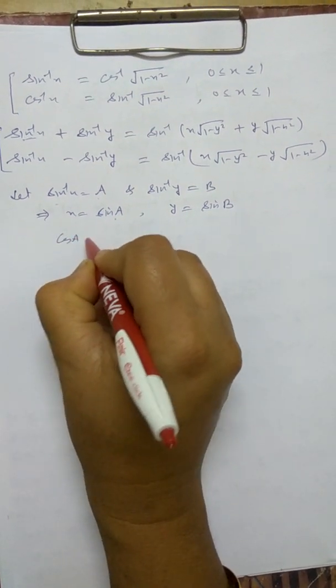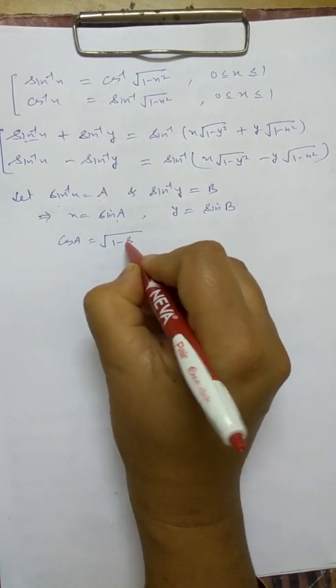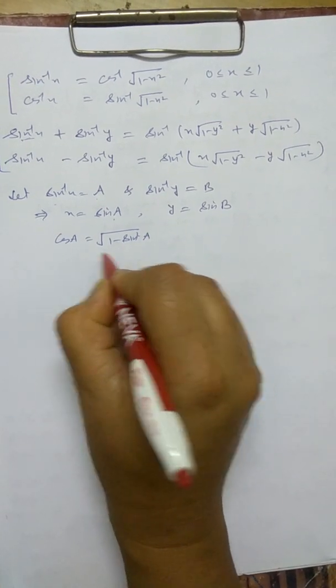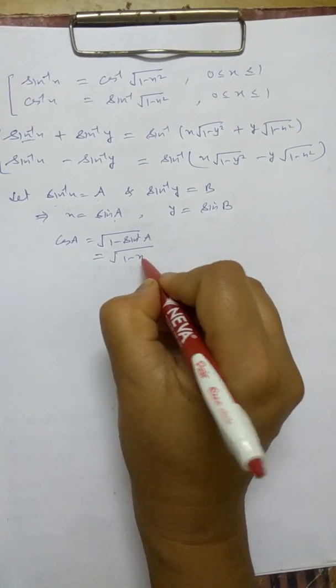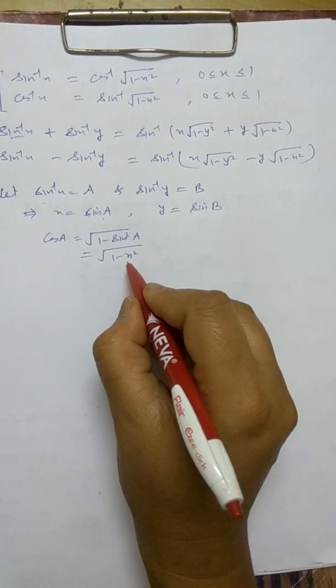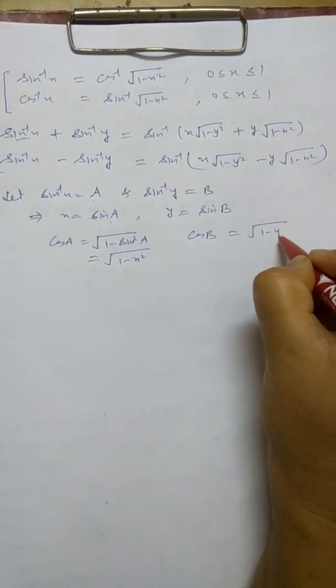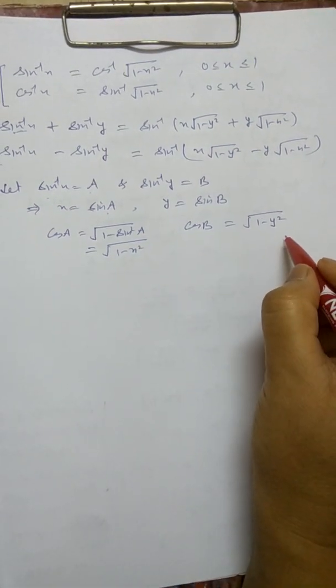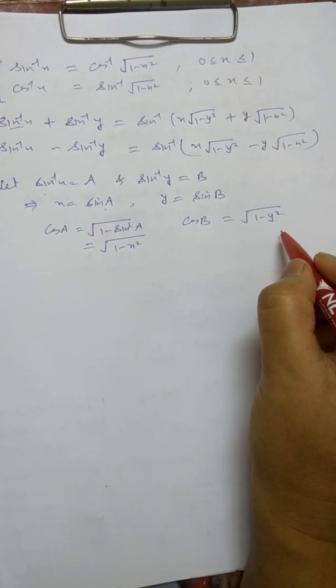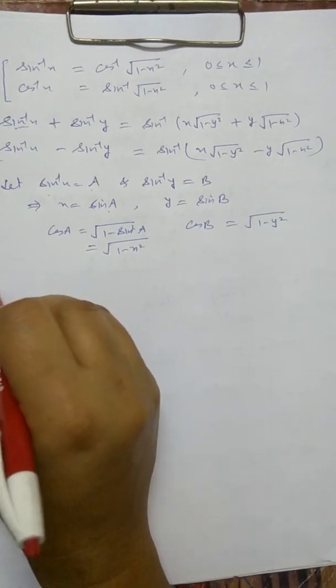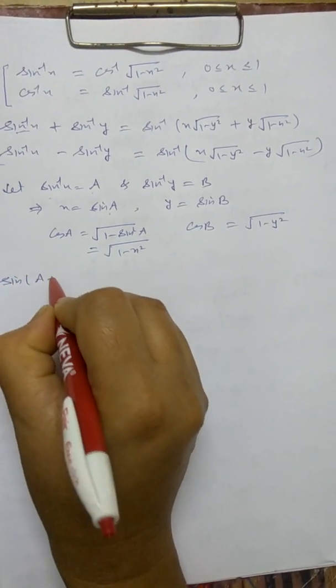Cos a is equal to root of 1 minus sine square a, it becomes root of 1 minus x square. Similarly, cos b is equal to root of 1 minus y square. Is it clear? And now use the formula for sine a plus b.